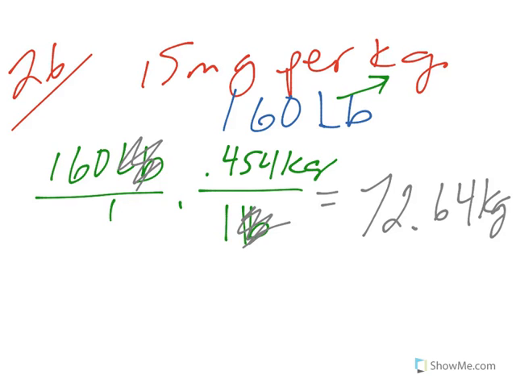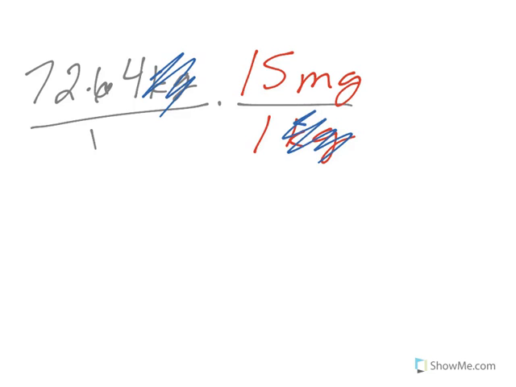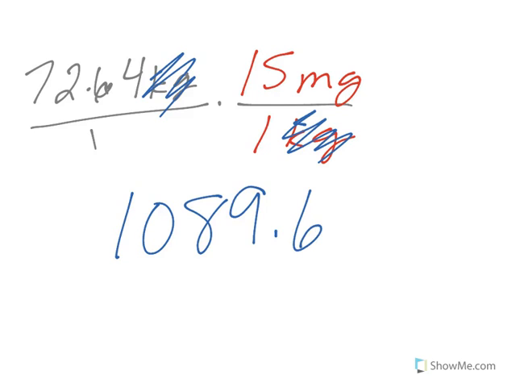And I now have a 72.64 kilogram person. So if you are 72.64 kilograms and they say you get 15 milligrams per 1 kilogram of weight, so 15 milligrams per kilogram, my kilograms go away and I get 1,089.6 milligrams.